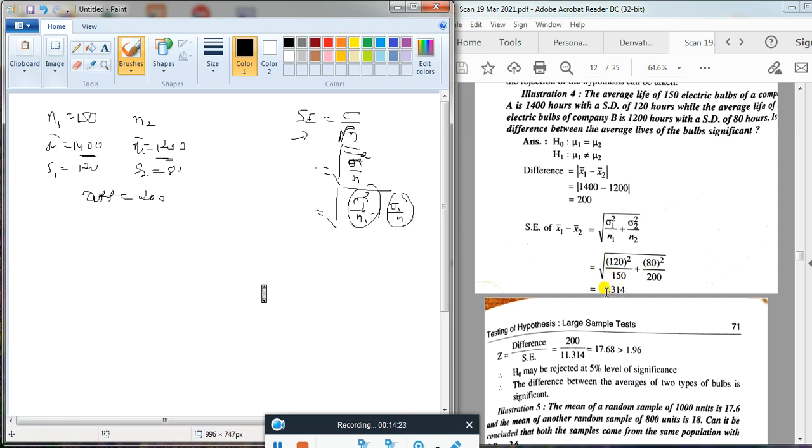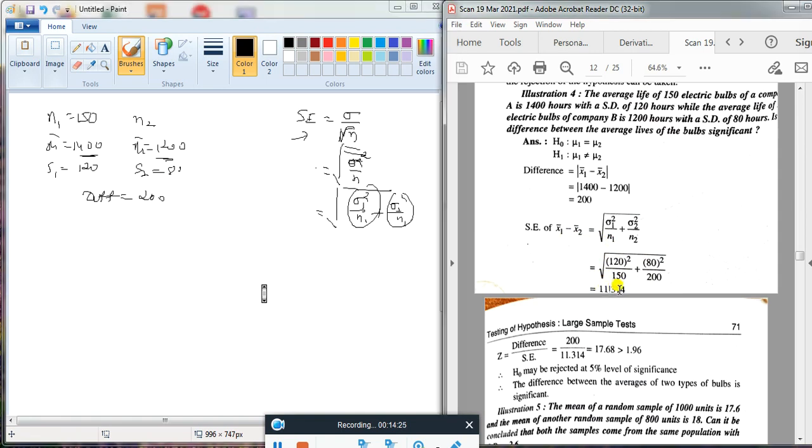So simply you need to take help of a calculator, and you get the standard error equal to 11.314. Clear? So I am not writing it here. So clearly I am mentioning that z is equal to difference upon standard error, 200 divided by 11.314, and its answer is 17.68.